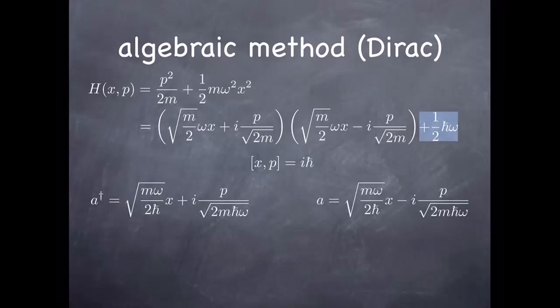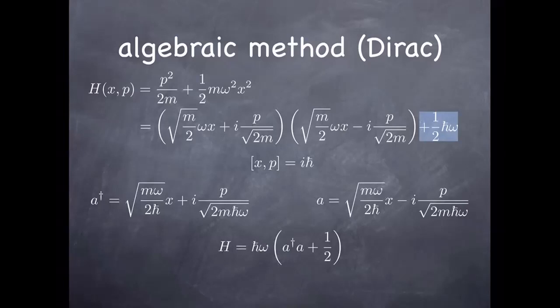So a dagger is a itself, and the only change here is that the i now changes to minus i. So now I have both a dagger and a here. And using them, I can write the Hamiltonian in a much simpler form, with h bar omega now factored out. That's the only quantity that has dimension of energy now, and a dagger is dimensionless.